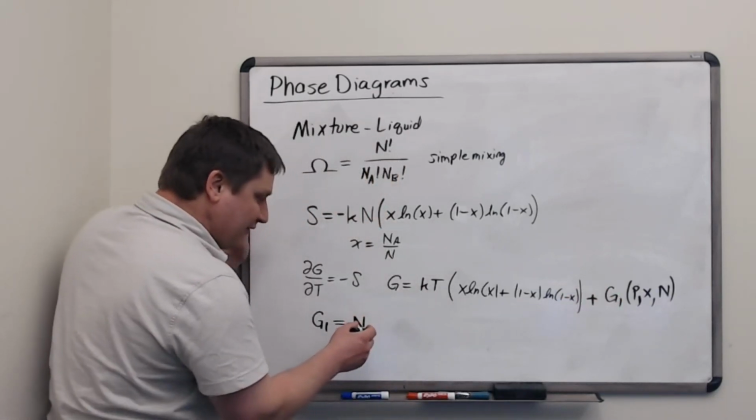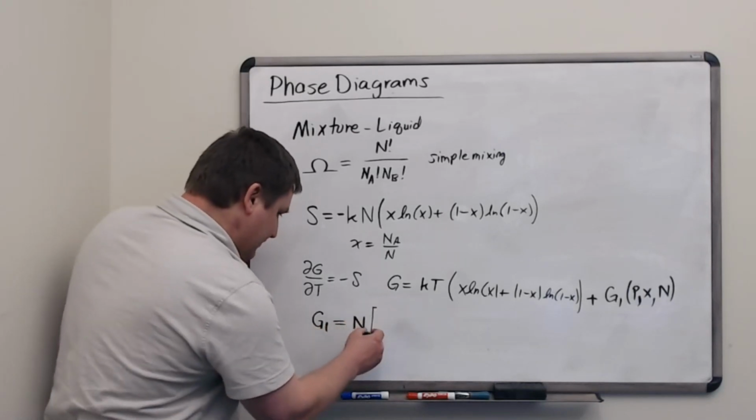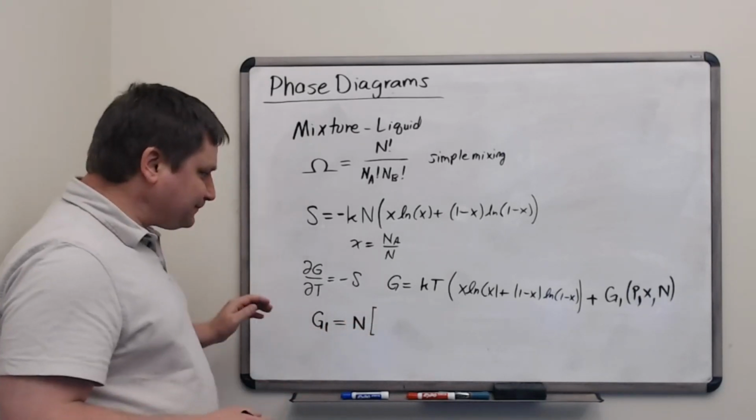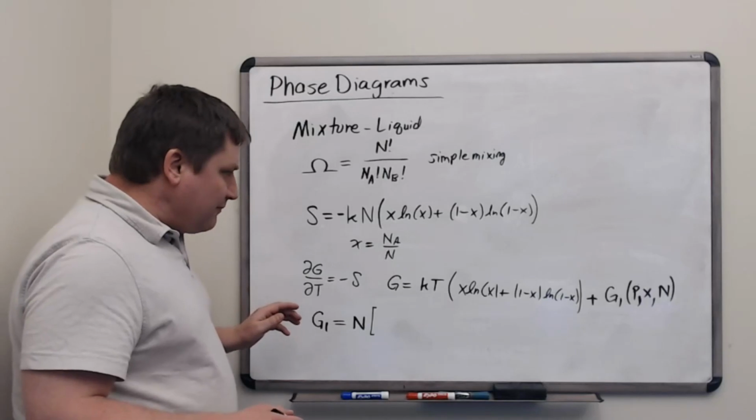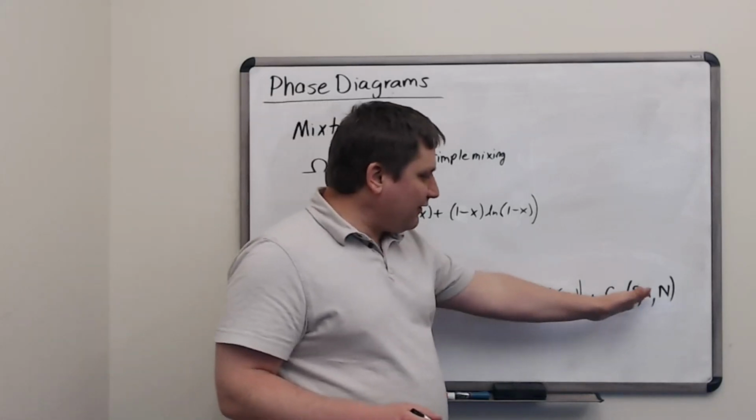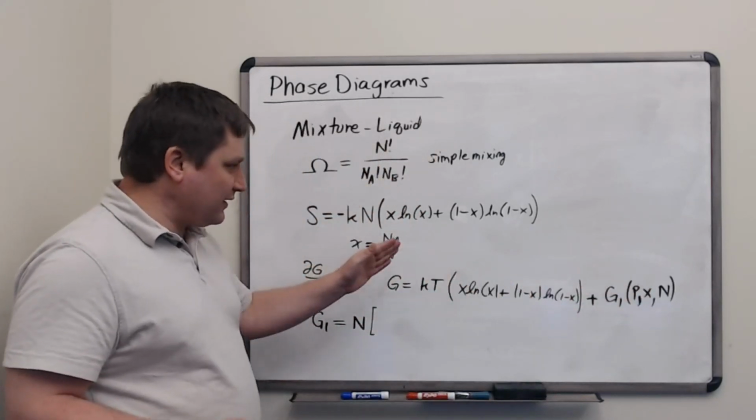So there's two possibilities here. We've got an N out front, and then we've got perhaps just a favorability towards one molecule or the other, right?